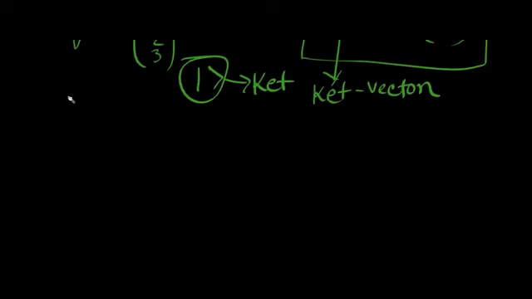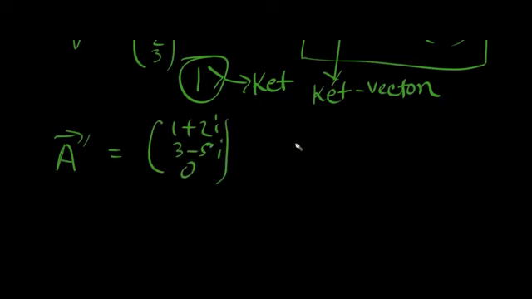So another example of a ket vector would be, let's say I have something called A prime as 1 plus 2i, 3 minus 5i and 0. In ket notation, I will just write it like this with no arrows. Notice that I'm not using any kind of arrows.